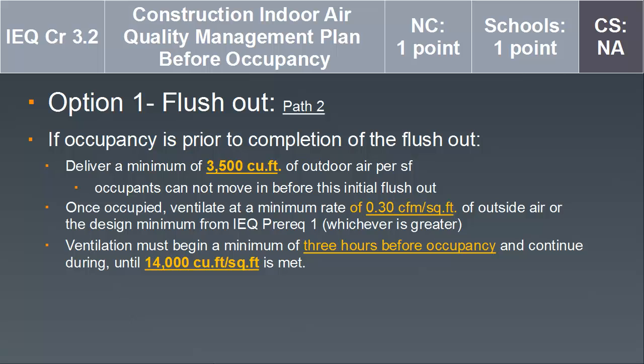So always going for the more stringent criteria. You can see how this takes possibly a longer period of time. The ventilation must begin a minimum of 3 hours before occupancy and continue until that 14,000 cubic feet per square foot is met.